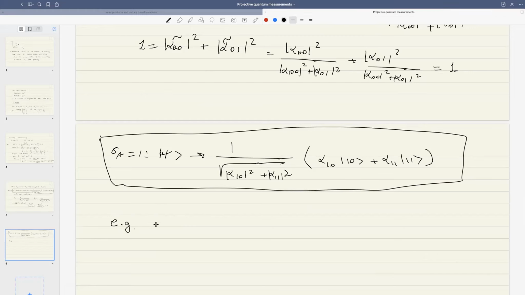Suppose I have 3 qubits, and let's say my state is 1 over square root 3, let's say e to the i pi over 4 times |0,0,0> plus 1 over square root 3 times |1,0,1> plus 1 over square root 3 e to the minus i pi over 4, let's say |1,0,0>.